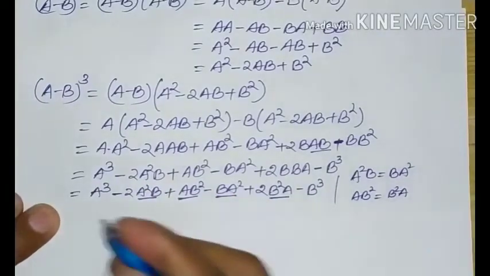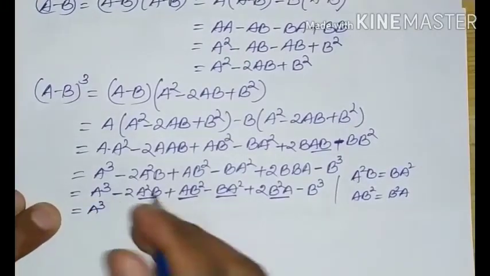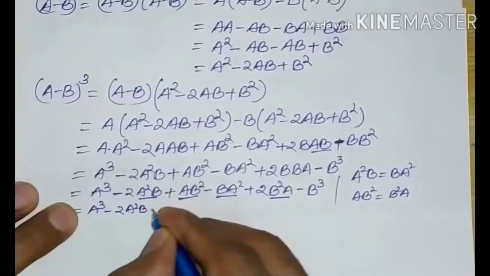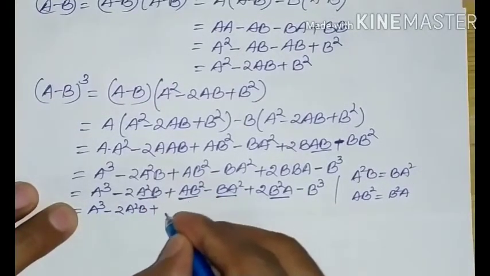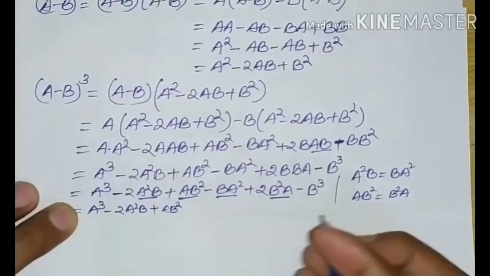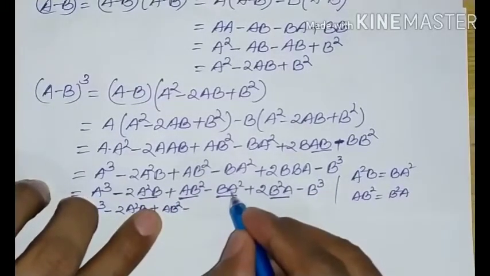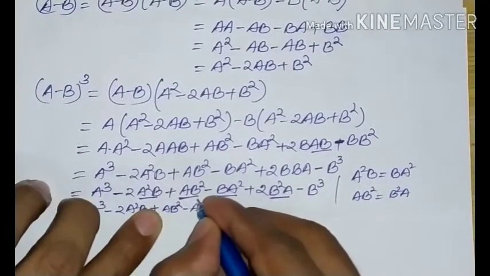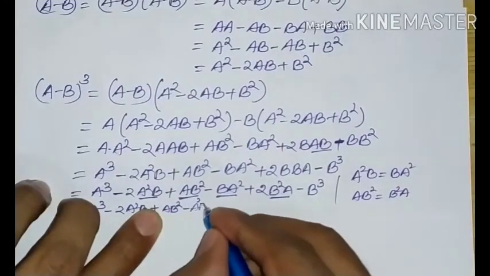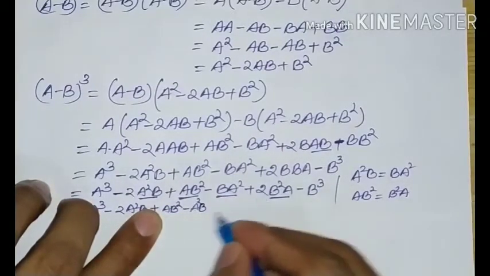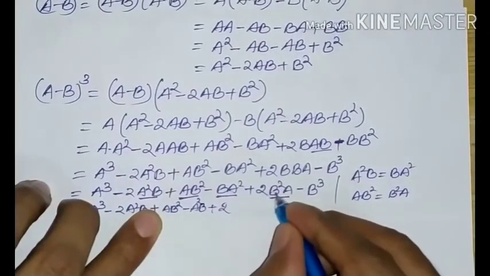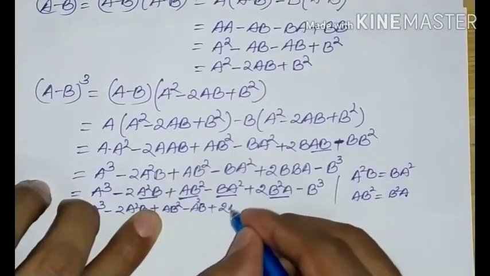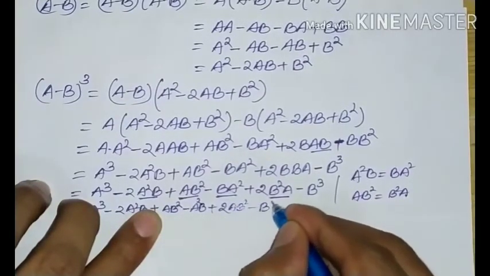Now in our expression, this one is A cube and minus 2A square B plus AB square, and minus, this one is BA square, we convert it to A square B, then it will be A square B. Next one is 2 times B square A, B square A is AB square, then it will be 2 times AB square minus B cube.